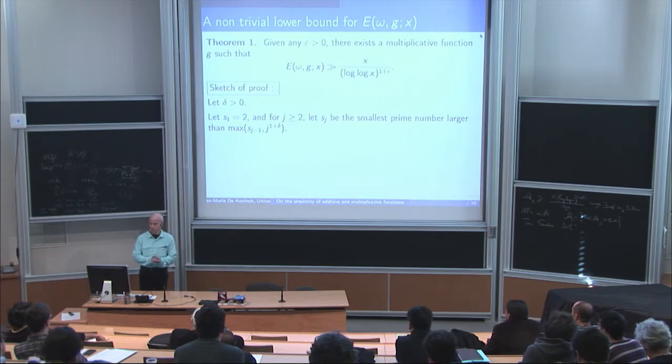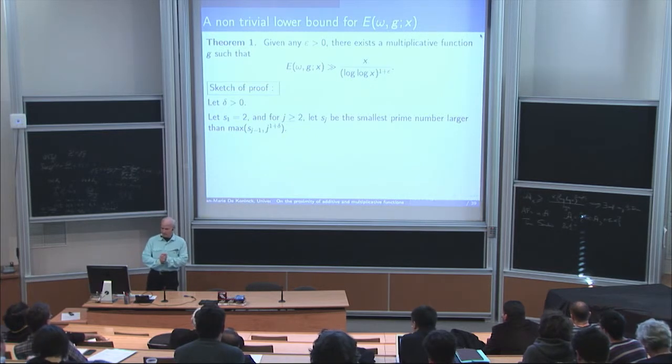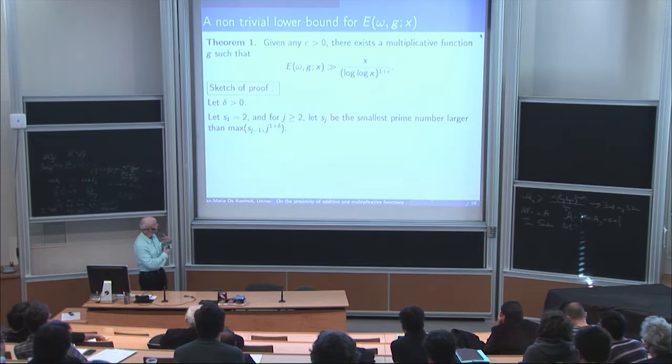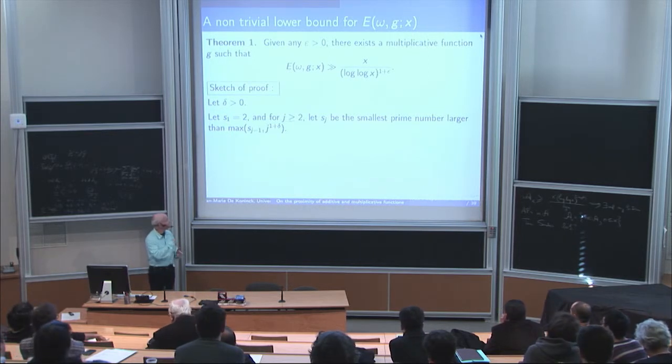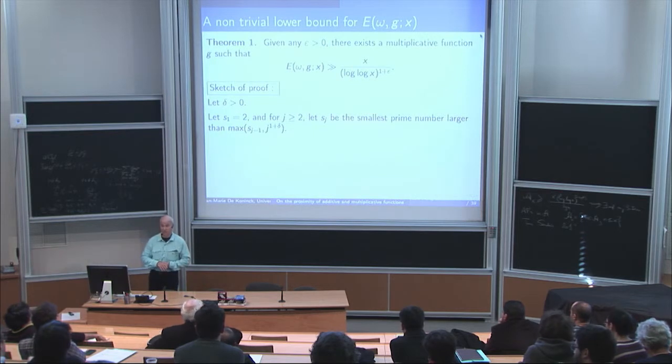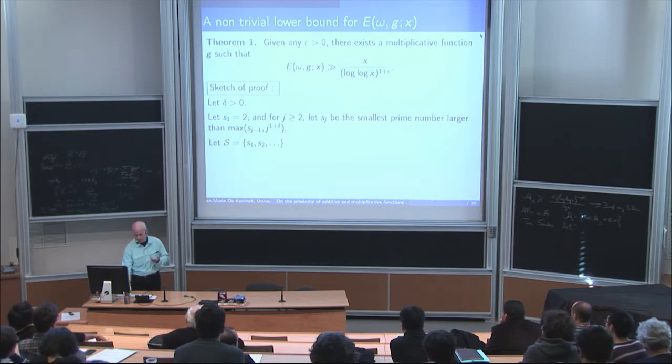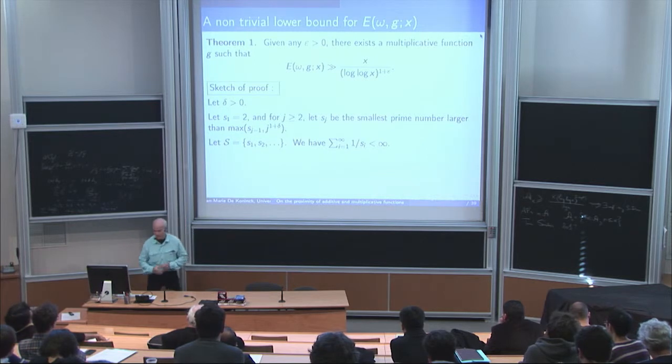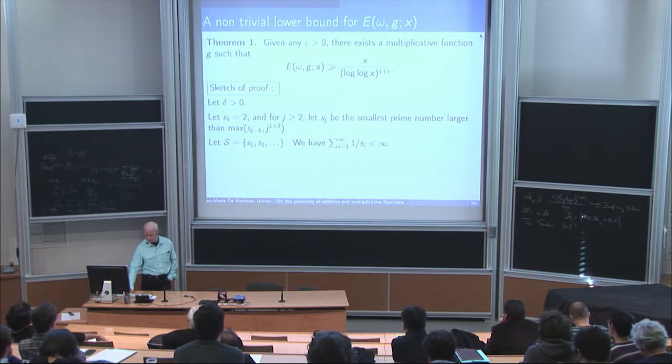Then for each j bigger or equal to 2, I define S_j as the smallest prime that's larger than the previous one, but also larger than j to the 1 plus delta. This is to ensure that the set of primes so chosen has the property that the sum of the reciprocals is smaller than plus infinity. That's why I take j to the 1 plus delta.